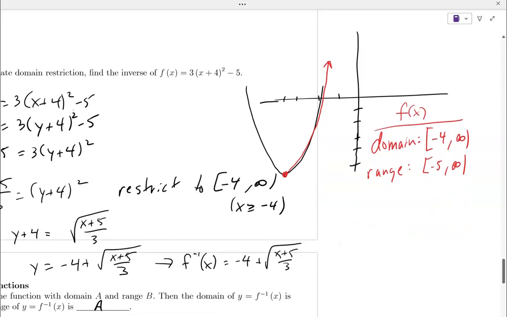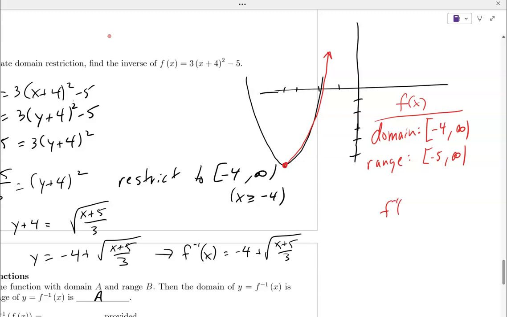Let's look at your inverse function. We just said the domain for the original turns into what? The range. So here the range should be -4 to infinity. Well, let's see if that makes sense. What would be your base graph here?